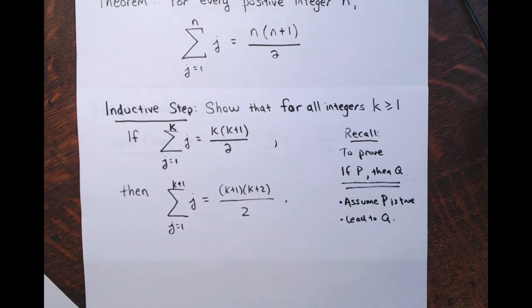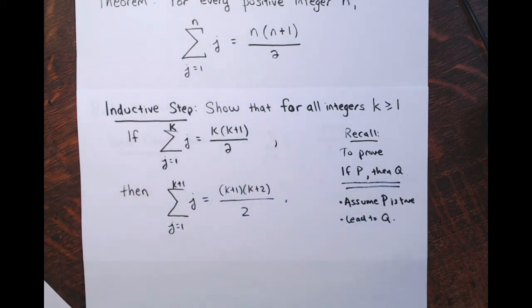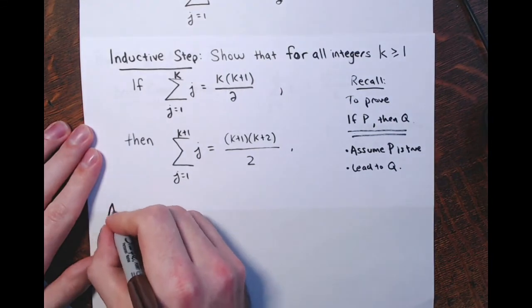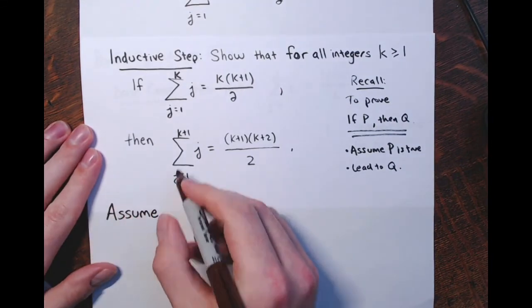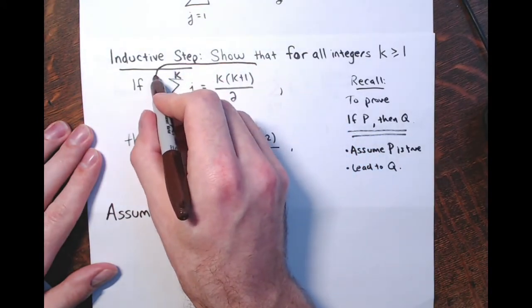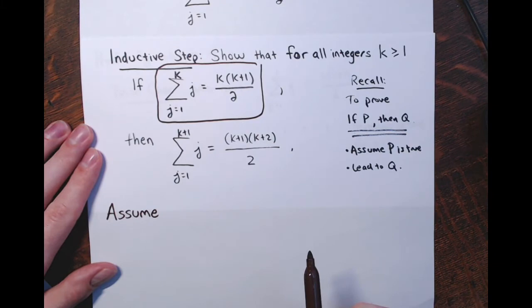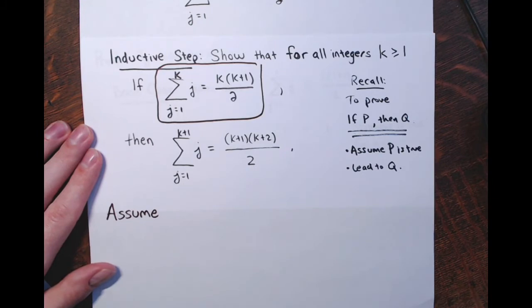So this assumption, we're going to assume that this is true, that the statement is true when n equals k. And then we're going to show that that leads us to the fact that it's true when n equals k plus 1, the next integer up.